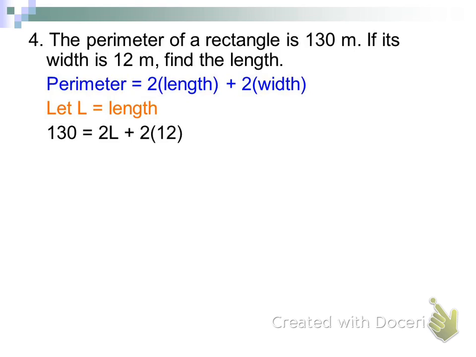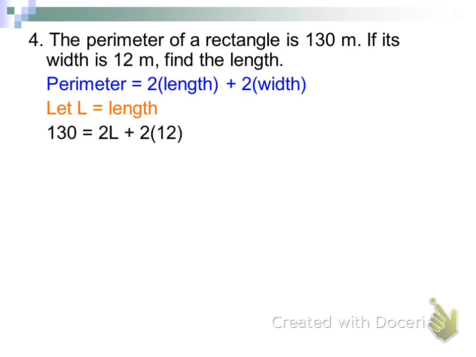So I'm going to take width out, and since I already know the width, I'm going to substitute a 12 in. Okay? I also took perimeter out and I substituted in 130 because that's the perimeter. So we took out the parts that we already know and we put variables in for the parts that we don't know. Everybody still with me?